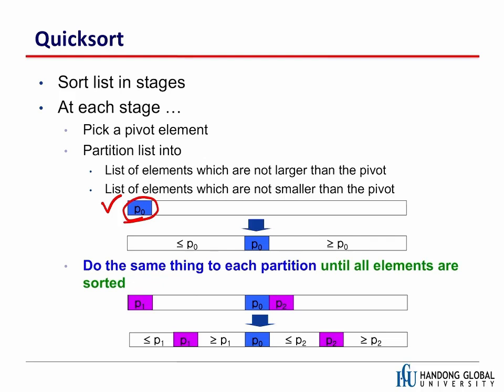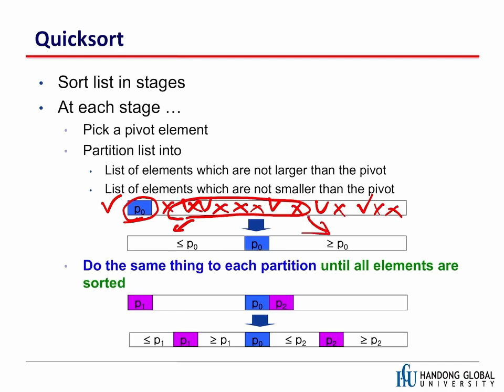And then we will move all the elements that are smaller than p0 to the left side. Maybe these ones, who knows, and some other elements that are larger than the pivot will go to the right side.